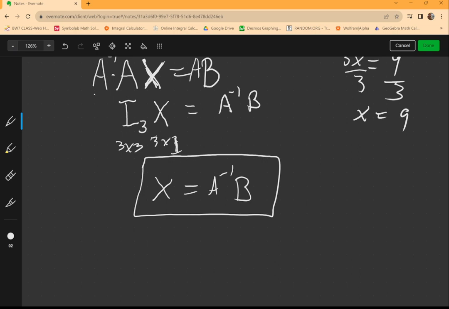And one thing I didn't go over in the first part: whenever you have an identity, as long as the operation is valid, let's say you have matrix C, any matrix times the identity, hence the name of the identity, you get back the same matrix, as long as the operation is valid.